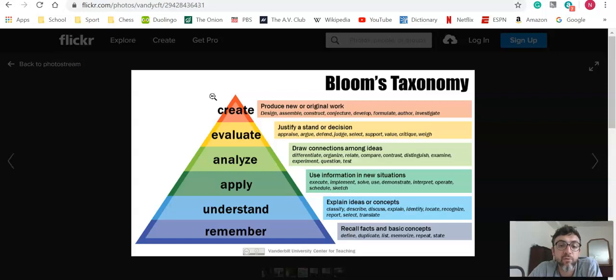I'm not saying you dread going to class, but you really find yourself scraping the bottom of the barrel for a new activity, or looking through your old handbooks and binders trying to find what's a new thing I can do to get everybody going again. Bloom's taxonomy is like a breath of fresh air in a vacuum for that.